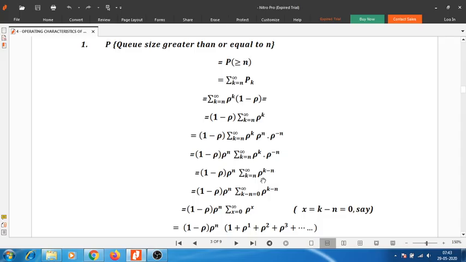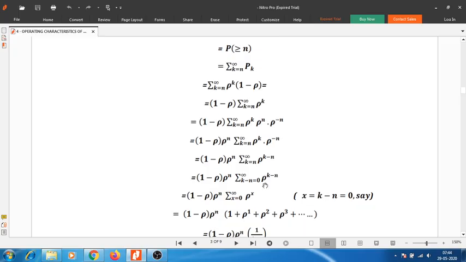Now wherever the power is there, that will run for k equal to n to infinity. Here what is the power right now? k minus n. Now that summation runs for k minus n equal to 0 to infinity. Agreed?